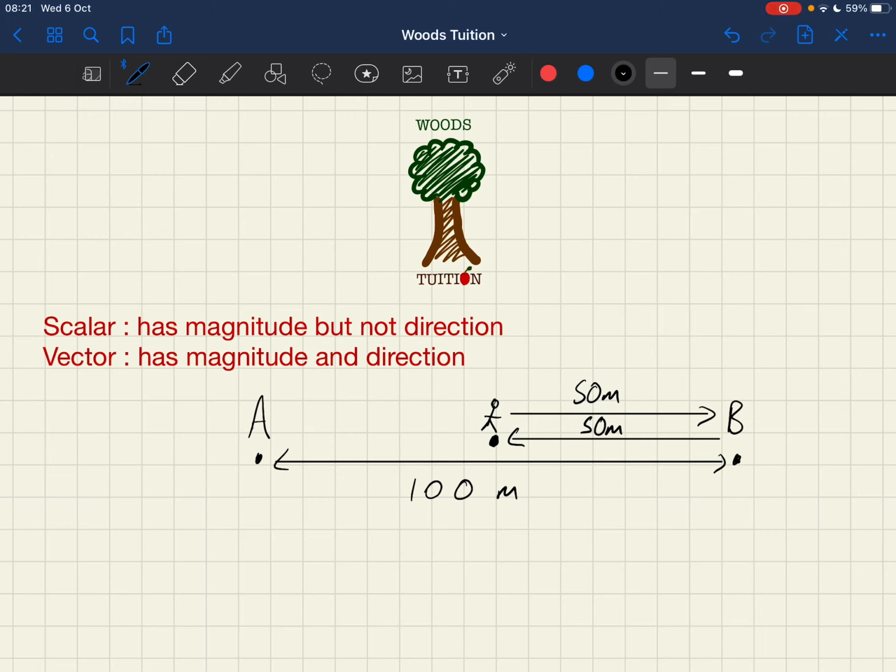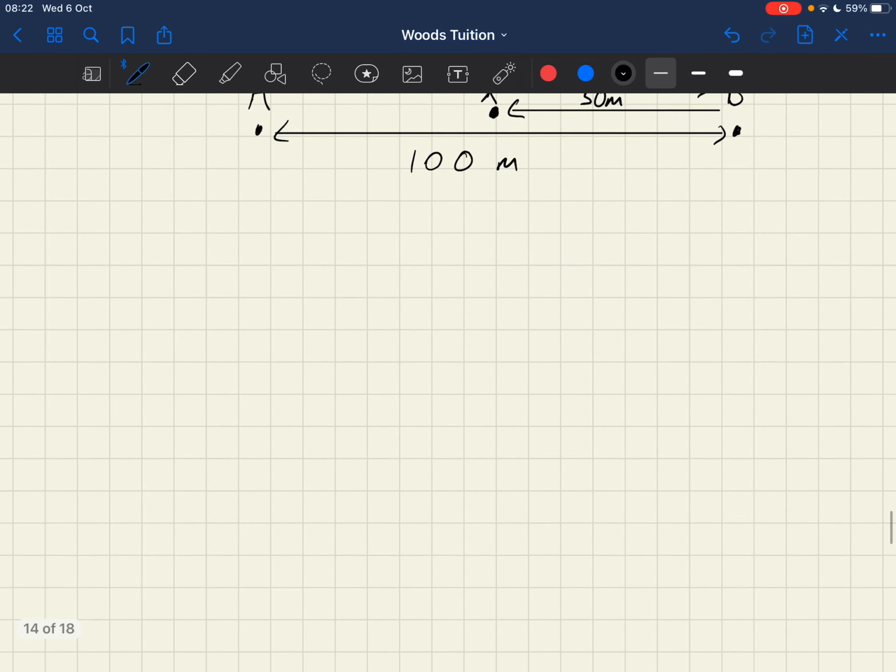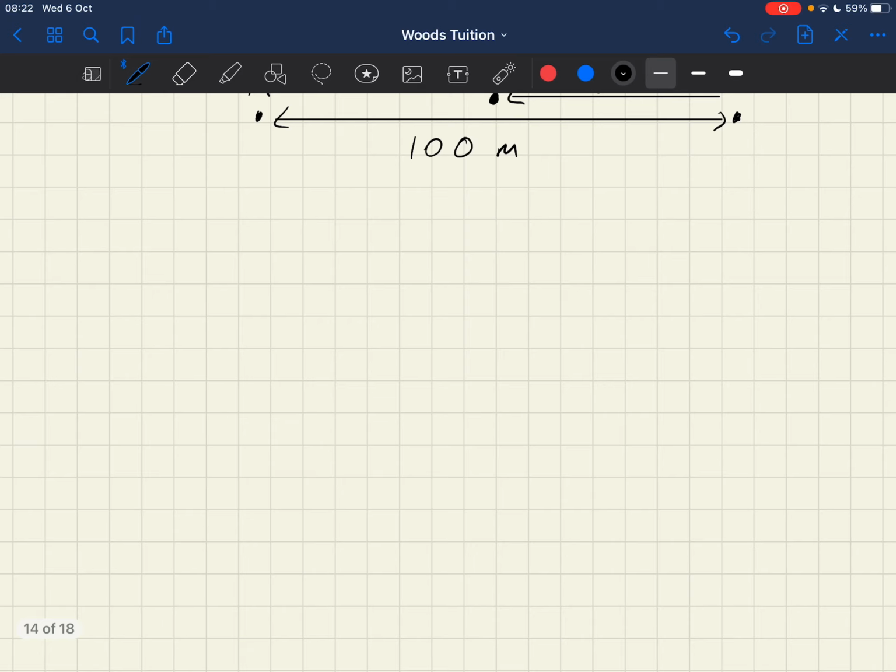So the distance that he's traveled is 50 meters plus another 50 meters, so he's traveled 100 meters, but he is right back where he started, so his displacement is 0. That's because displacement has a direction, so the direction matters, whereas in distance, the scalar, it doesn't matter.